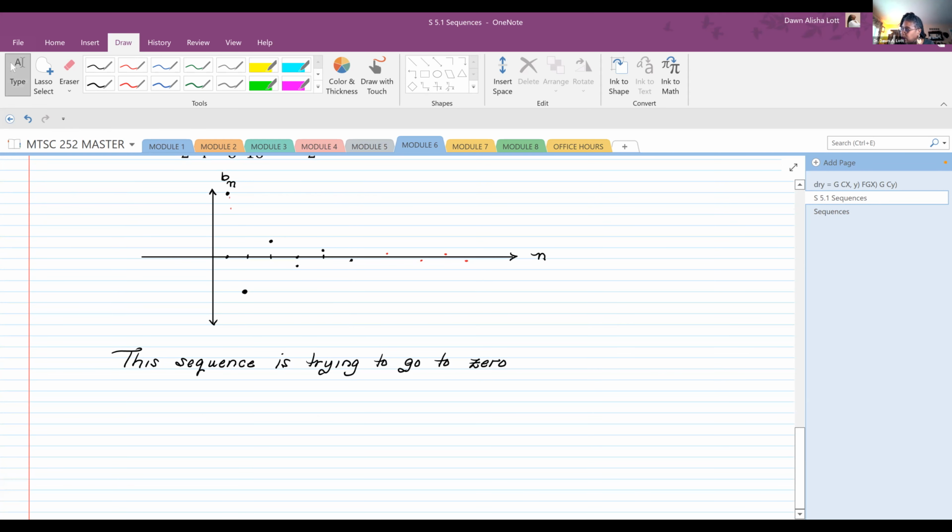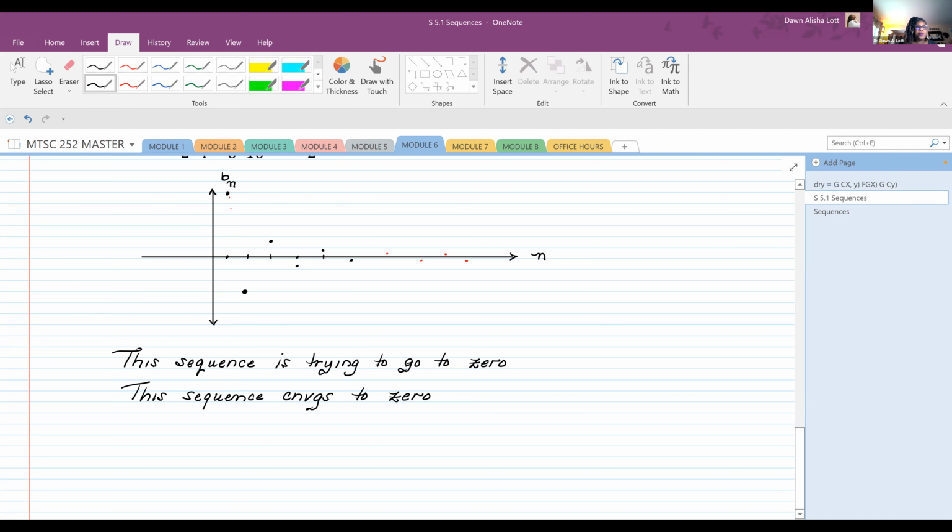So we can say this sequence converges. It converges to 0.